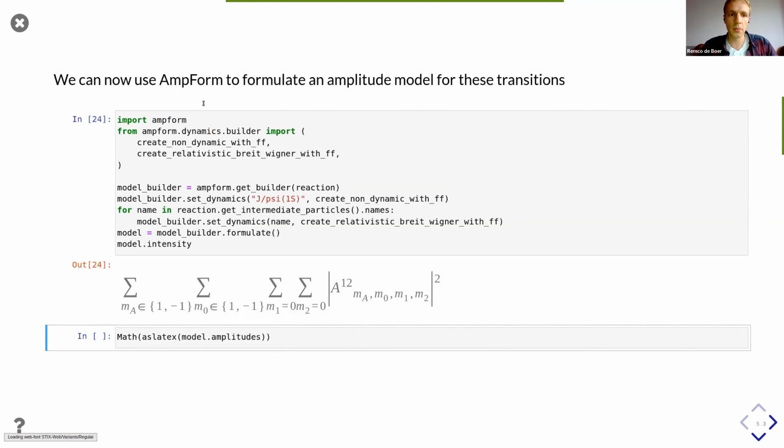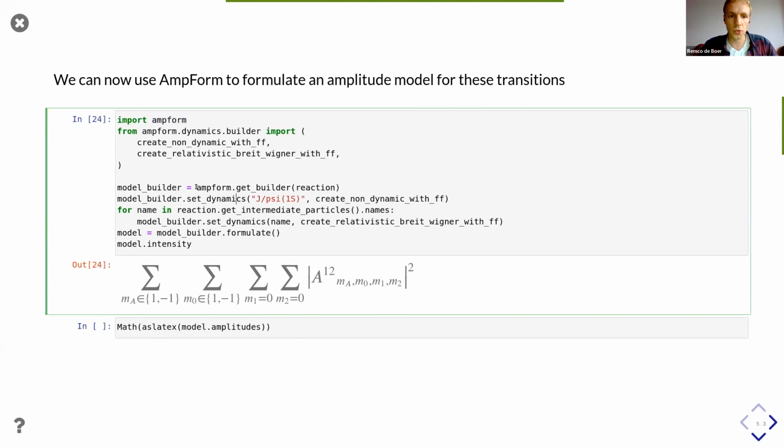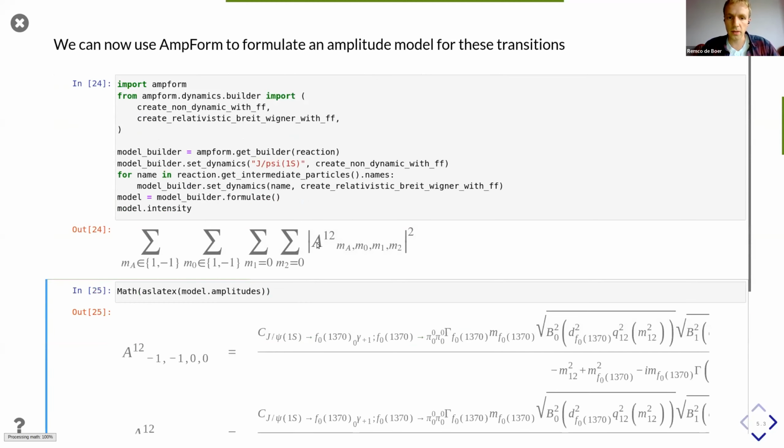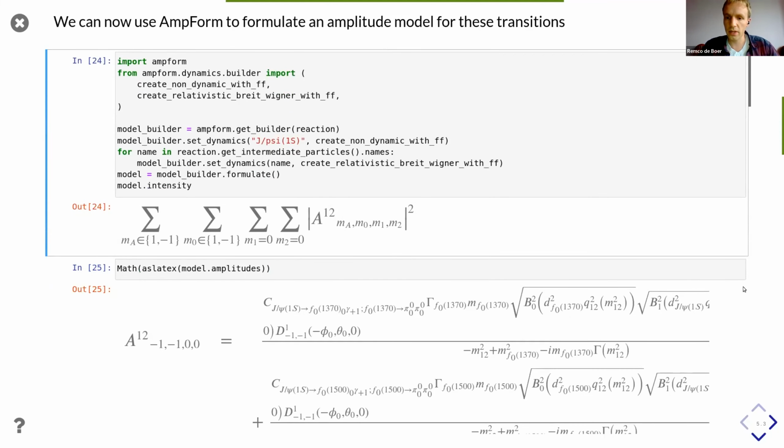So then we use the second library, AmpForm, to build up an amplitude expression. As I said, it's a simpler one in this case, where we don't have interference effects from different subsystems, but still the expressions for these sub-amplitudes are relatively complicated.